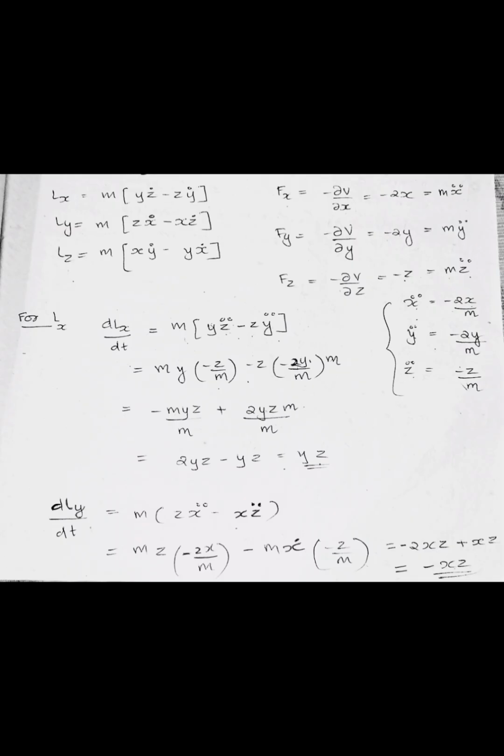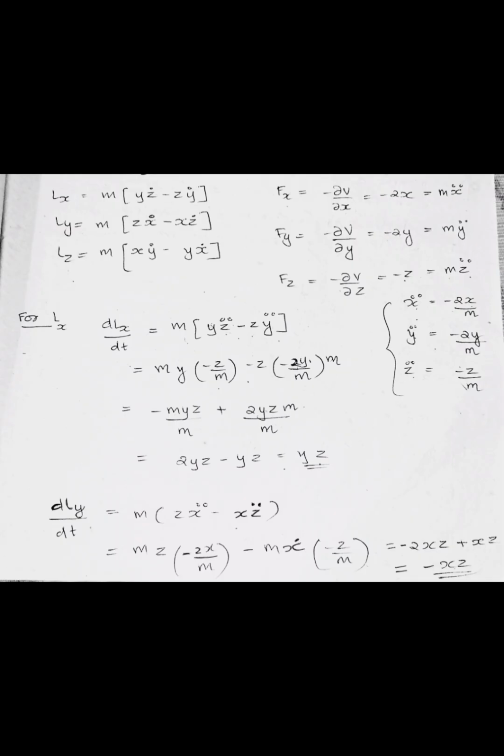That is, dLx by dt can be written as m y into (minus z by m) minus m z into (minus 2y by m). That is minus m y z by m plus 2 y z m by m, that is equal to 2yz minus yz, that is equal to yz.